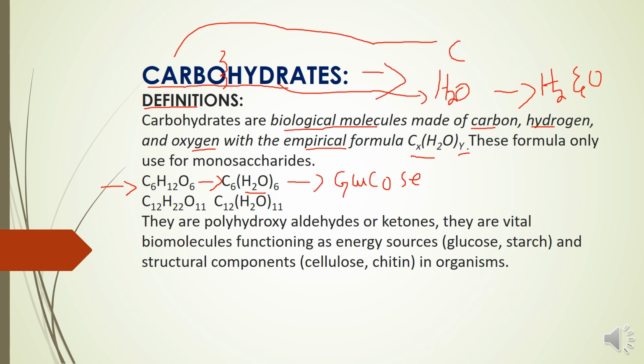Now, there is another formula, C12H22O11. If we write it in the empirical formula, it becomes C12(H2O)11. When we multiply it, 11 times 2 is 22, 11 times 1 is 11. It becomes C12H22O11.